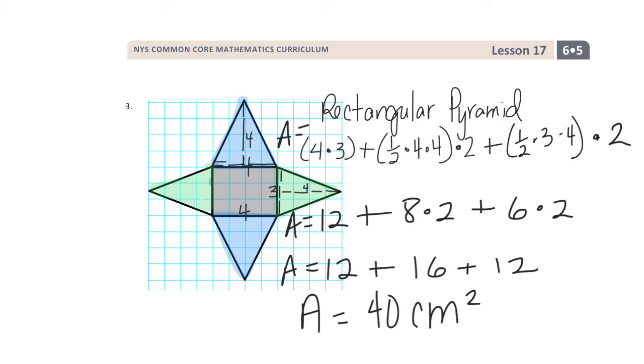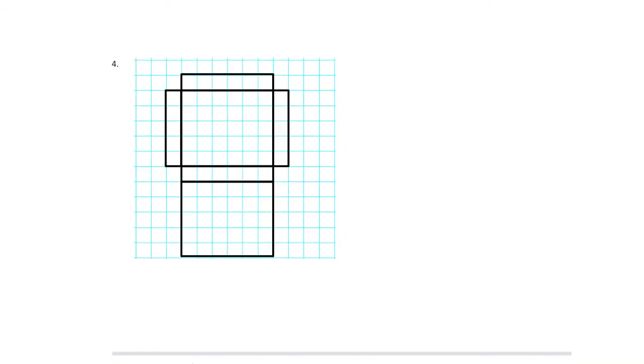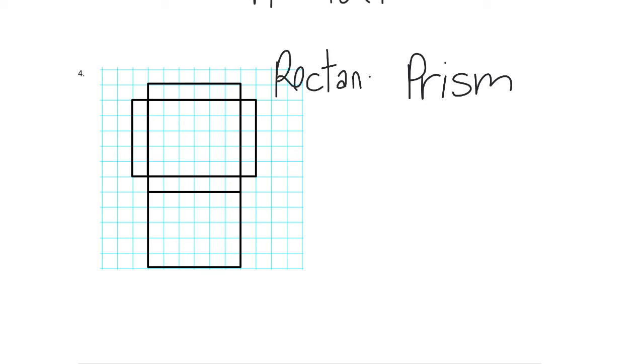Okay, go to the one on the bottom of the page. This one is made up of only rectangles, so I know it's a prism. And its base is going to have to be a rectangle because that's all there is. So it's a rectangular prism.